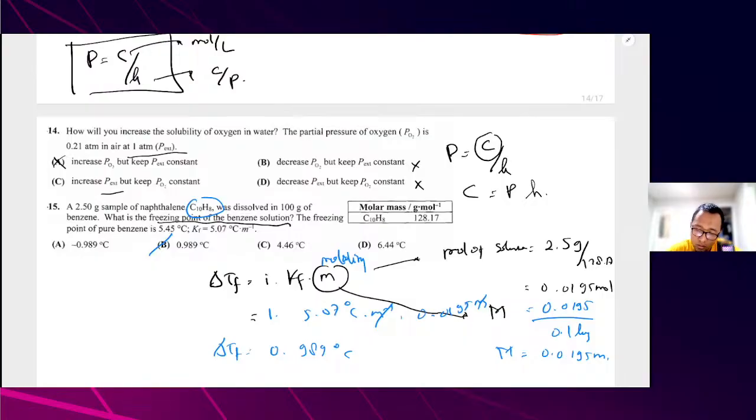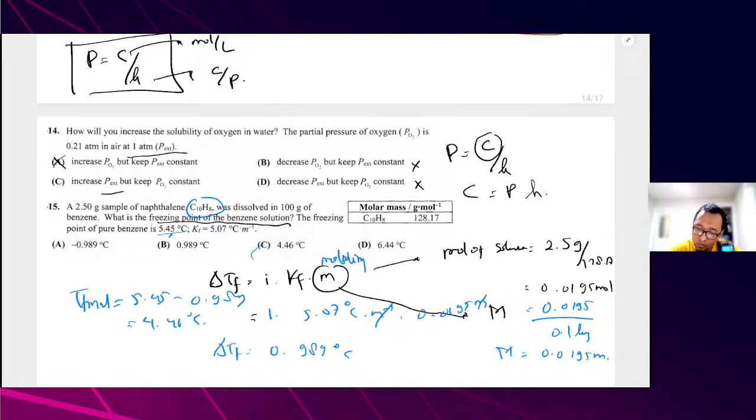Oops, sorry. The question asks for the freezing point of the benzene solution. The freezing point of pure benzene is this one. So T final is 5.45 minus 0.989, so it's around 4.49 degrees Celsius.